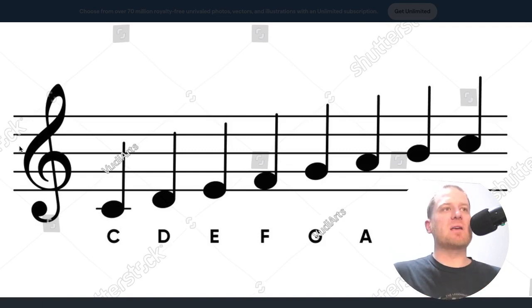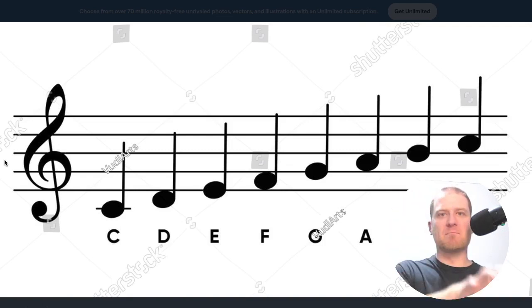This symbol here is the treble clef. Treble sits in the higher range of frequencies. If you've ever seen an old stereo, there was a bass, mid, and then treble dial. Bass sits at the lower end of the spectrum, mids are in the middle, and treble is up high.